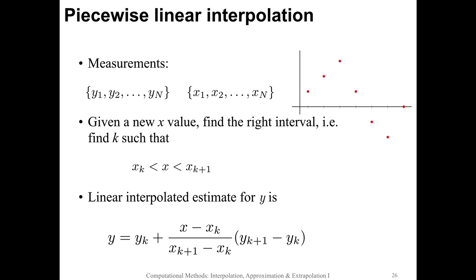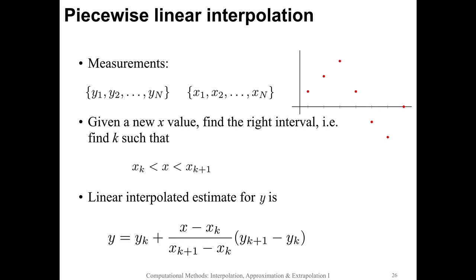And then if we have a new x value that we'd like to find an estimate for, we look for a specific interval. In other words, we look for a value of k such that our x value is between xk and xk plus 1. So we're just looking for the two successive knot points that are on either side of our x location.